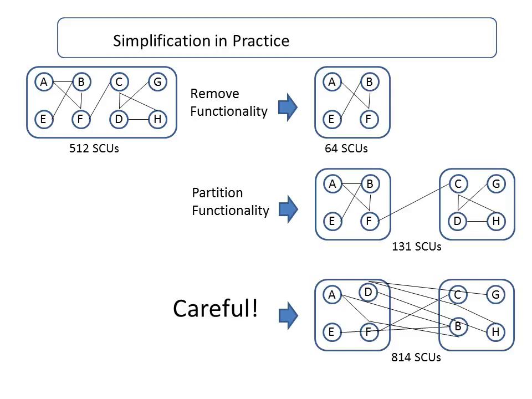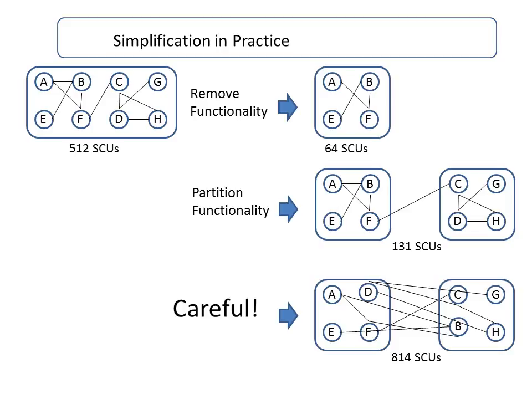So in that partitioning that we did before that resulted in 131 SCUs, on balance we came out ahead. We increased the dependency complexity, but we decreased the functional complexity so much that that was a small price to pay. In this partitioning exercise, the third one shown on this slide, we have a lot more dependency complexity.